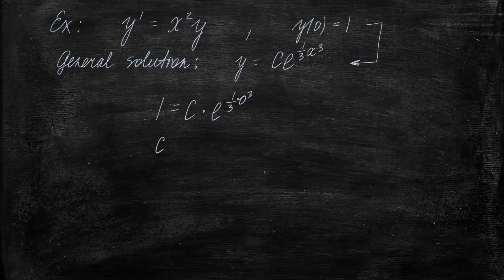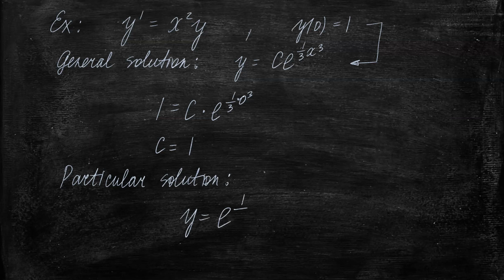And we're going to solve for c. c is equal to 1, so we have a solution of this initial value problem. y is equal to 1 times e to the power 1/3 x cubed. So we did solve this initial value problem.